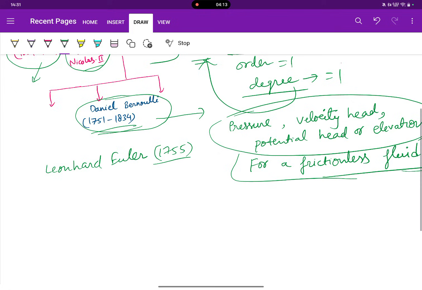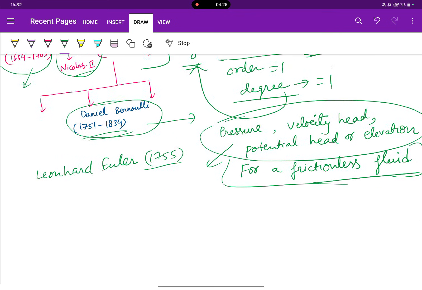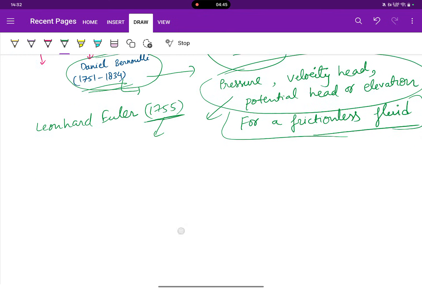This is a hugely idealistic assumption, really away from the real fluid. Other than this, Bernoulli didn't actually derive this, and whatever I'm saying, I have taken reference from standard books, for example FM White, and notes that I studied. But later on, Leonhard Euler in 1755 actually derived the complete equation.